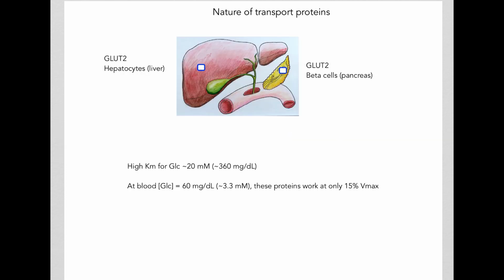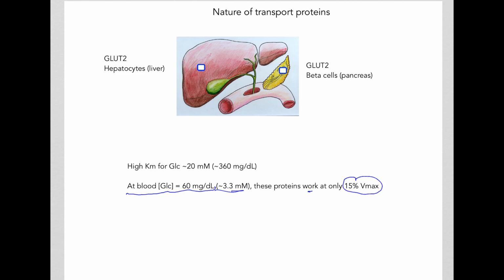However, when you look at the glucose transport protein GLUT2 that is found in hepatocytes in the liver or in the beta cells in the pancreas, these proteins have a very high Km for glucose, about 20 millimolar, that's about 360 milligrams per deciliter. So at the same blood glucose concentration of 60 milligrams per deciliter, these proteins work only at 15% of their maximum capacity.